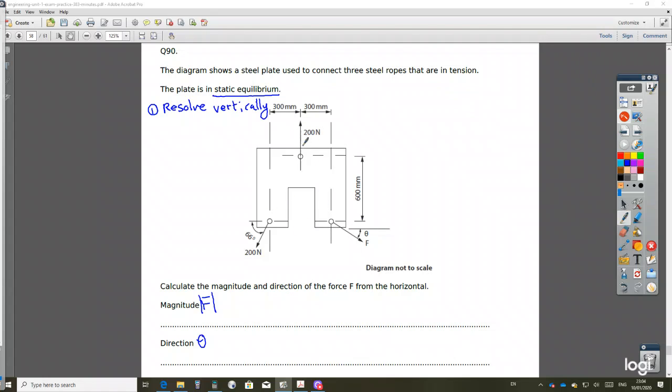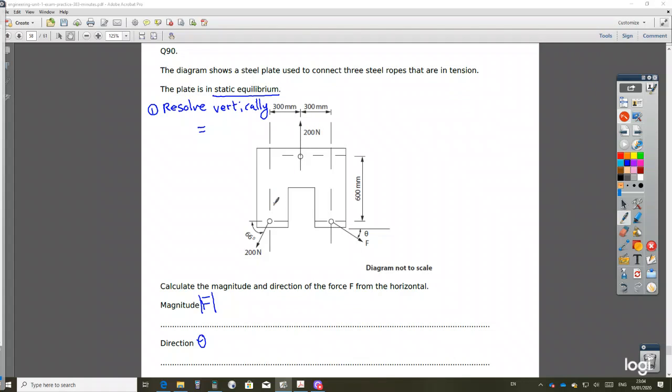Now just like moment, where you have the equal sign and you put the sum of the clockwise moment equal to the sum of the anti-clockwise moment. Now because this is not a turning moment, the forces on the left should either be all of your vertical upward components, or all of your vertically downward components added together.